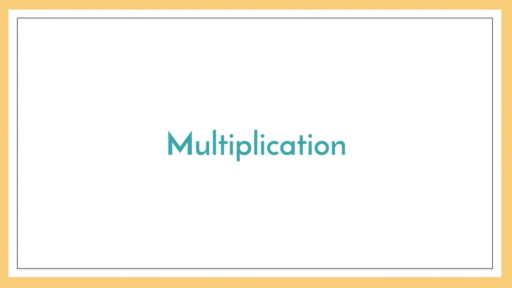As we move into multiplication, the foundational way that we start to build kids' understanding of multiplication is this idea of groups of. It's not just 5 times 4. It's 5 groups of 4. And we want kids to have a visual to go with multiplication.